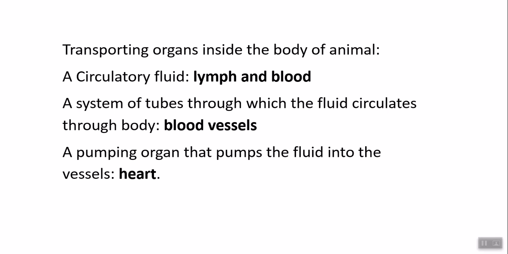Then this lymph and the blood need to be transported to different parts of the body. It needs a certain pressure, and this pressure is created by the heart. Therefore there are three different major organs seen in the circulatory system of invertebrates.